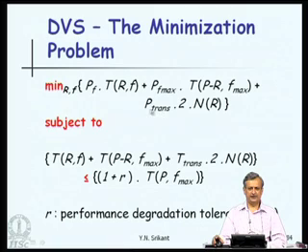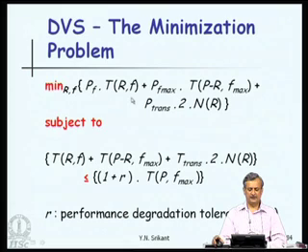So, what is the minimization problem? It says minimize over all regions R and all frequencies F. So, we have to find the region R, let us see later how to find it, and for a given R we need to experiment with all possible frequencies F. And what is it that we need to minimize? The total energy of the CPU.